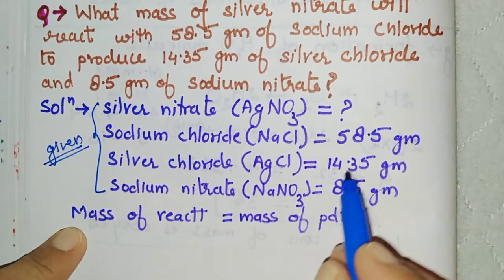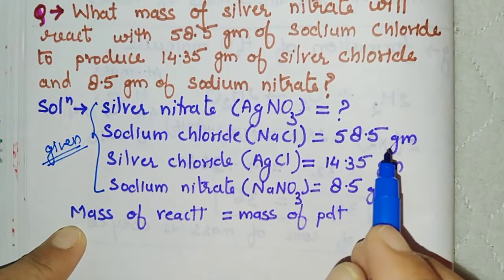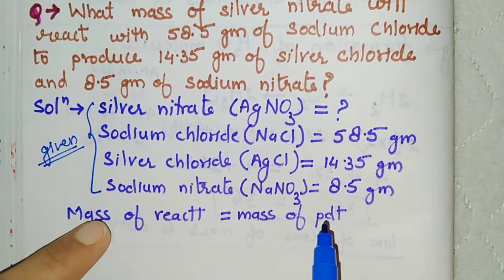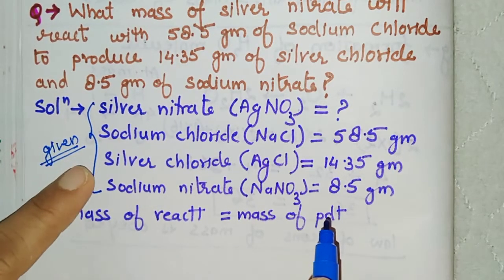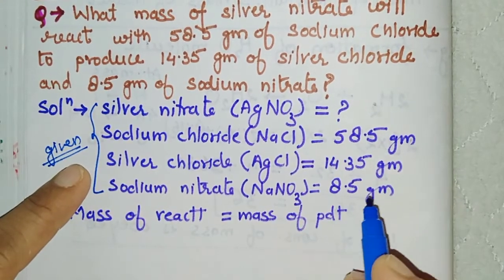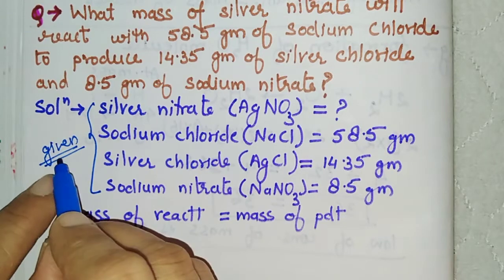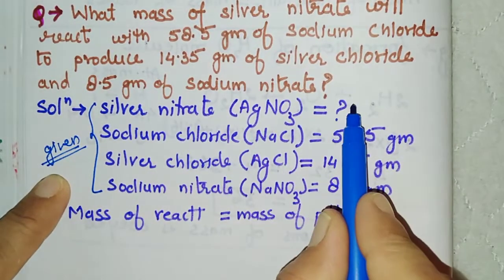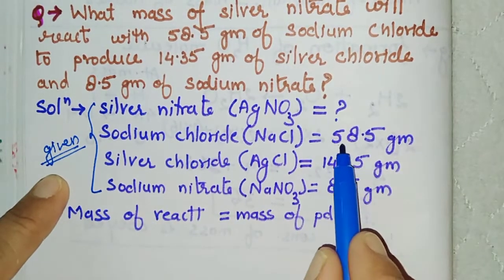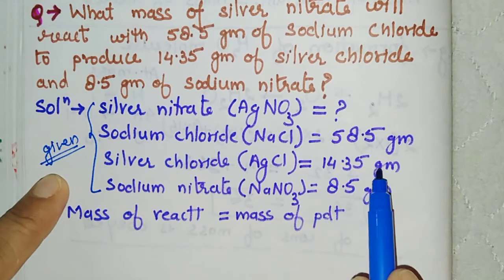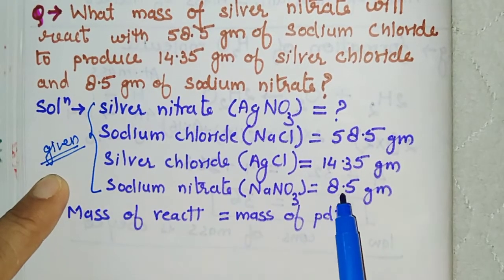In examination we get 0.5 marks for writing these given values. So be sure to write whatever is given in the numerical in your solution. So here we have written all four things: silver nitrate is asked, sodium chloride is 58.5 gram, silver chloride is 14.35 gram and sodium nitrate is 8.5 gram.